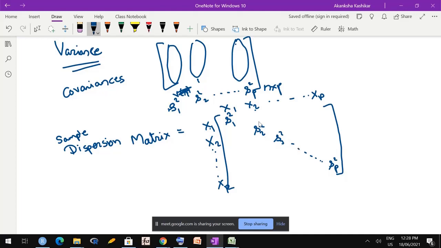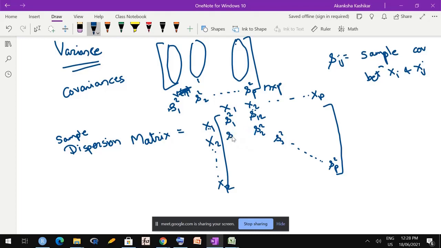Okay. Now, the off-diagonal entries would correspond to x1 and x2. So I would have the sample covariance of x1, x2, which I can denote by S12. In general, Sij is the sample covariance between xi and xj.